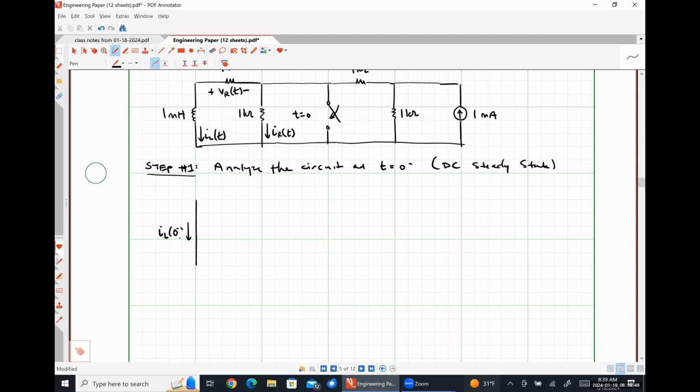And here is my inductor current at 0 minus. Then I have the voltage drop across this resistor. So this is VR at 0 minus, and this guy is 1 kilo ohm. Here I have an additional 1 kilo ohm resistor through which some current IR at 0 minus is flowing. My switch is open.